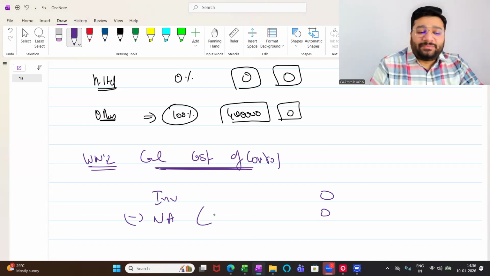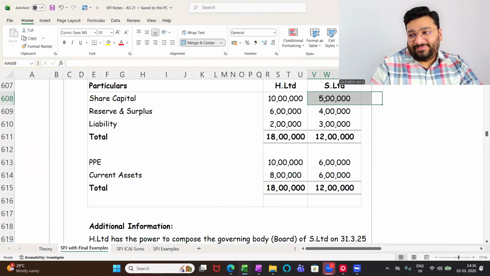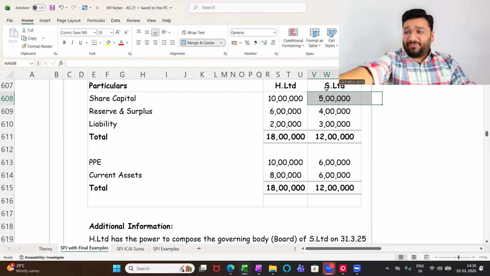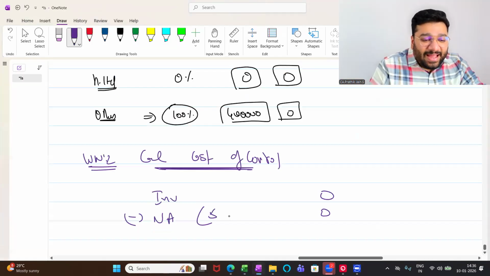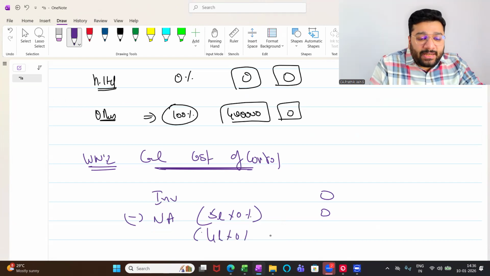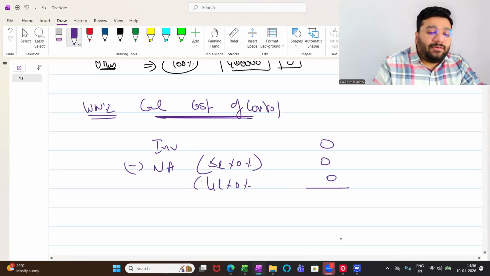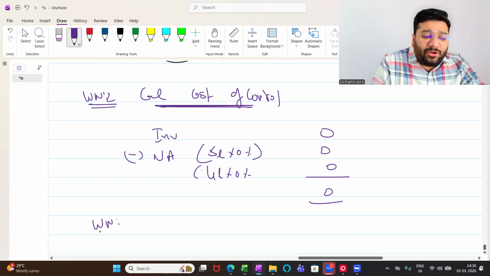Share capital is how much? Share capital is 5 lakh. 5 lakh into 0% is 0. What is reserve and surplus? 4 lakh into 0% is 0. So goodwill or capital reserve is 0. Working note 3 also 0, sir.